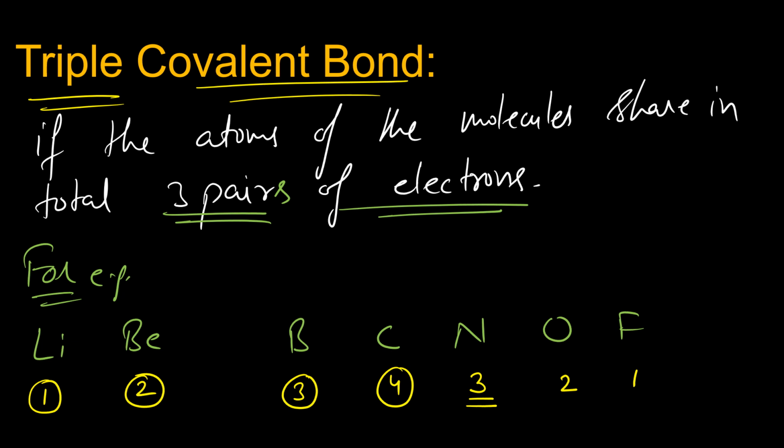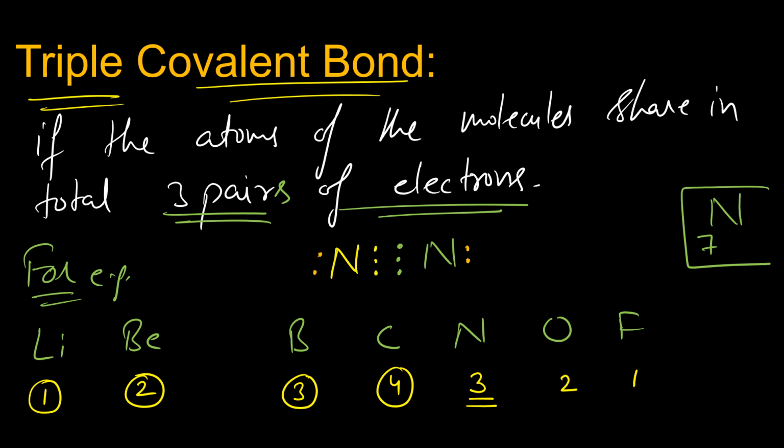Now if nitrogen has bond capacity 3, it means nitrogen is going to share 3 electrons. Now let's take another nitrogen in front of this. That also is going to share its 3 electrons. As we already know, nitrogen has atomic number 7. So how many valence electrons does it have? It has 5 valence electrons.